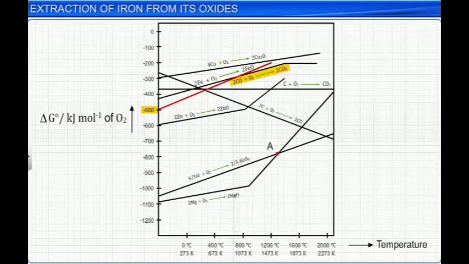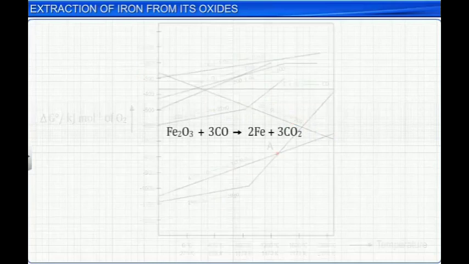Thus, in a blast furnace, hematite is reduced by carbon monoxide even though carbon is mixed with it. The equation for this reaction is Fe2O3 plus 3 moles of carbon monoxide produces 2 moles of Fe plus 3 moles of carbon dioxide.